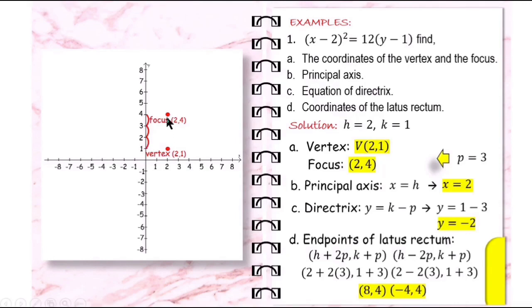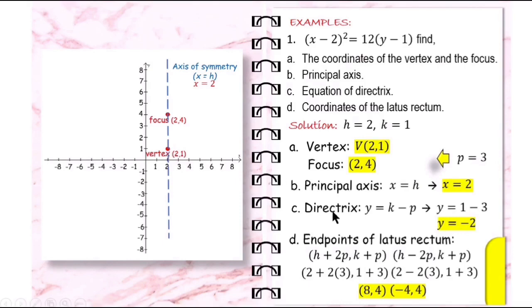But if the focus is below the vertex, p is negative. Similarly, if the focus is to the right of the vertex, the value of p is positive, but if the focus is to the left of the vertex, p is negative. Next, let us locate the principal axis x equals 2, which is here, and this is a vertical line.